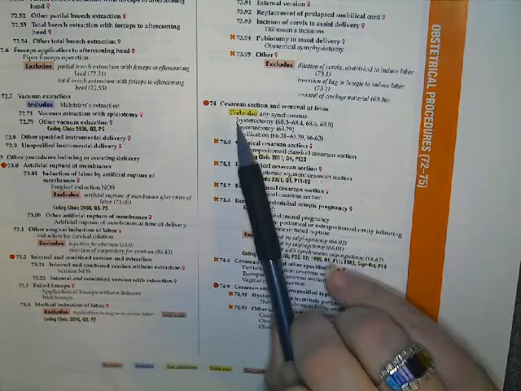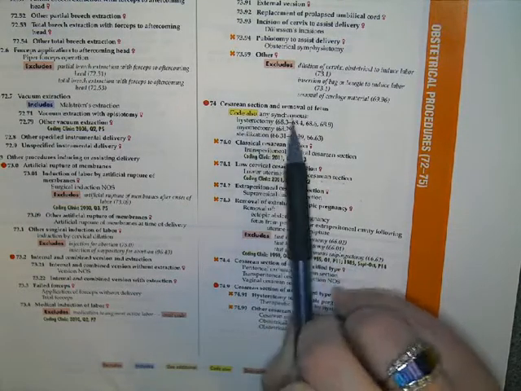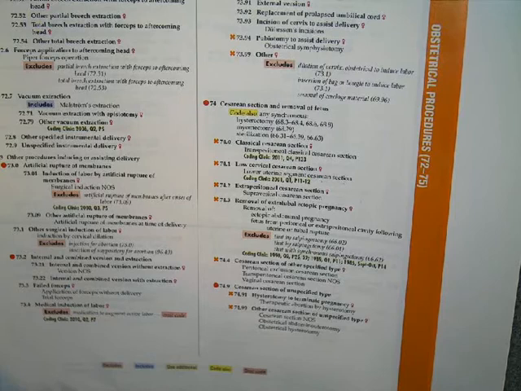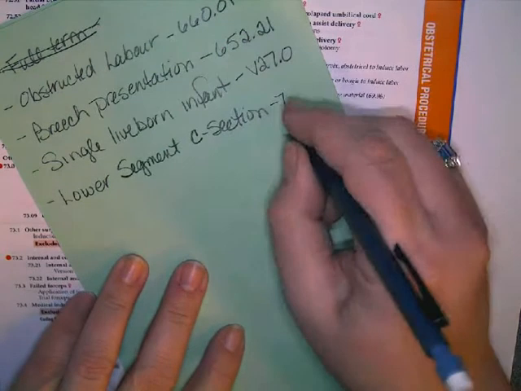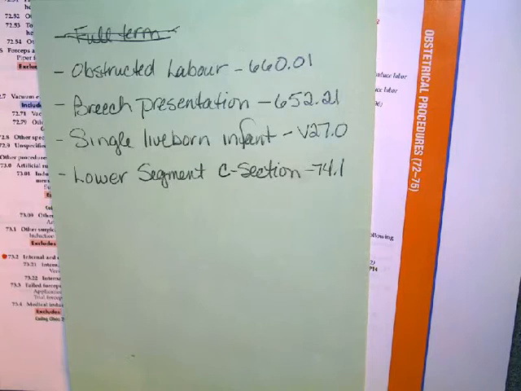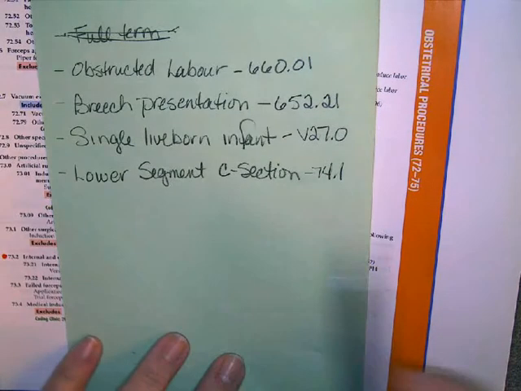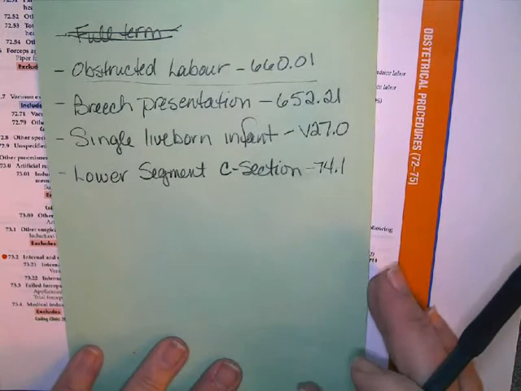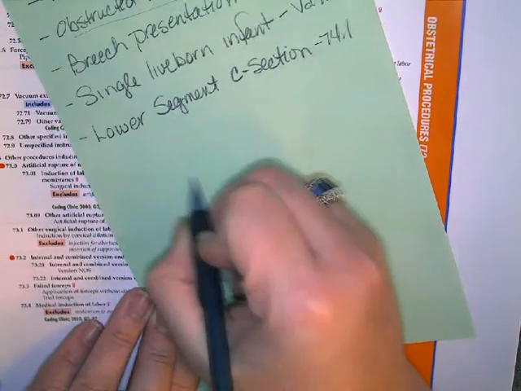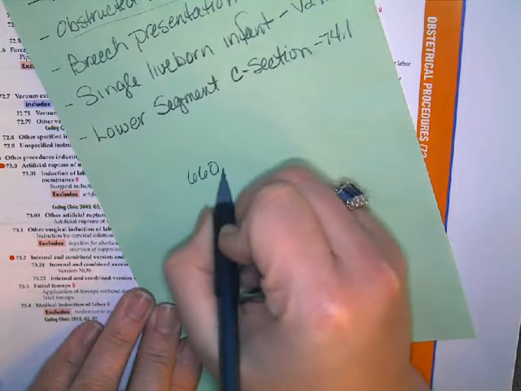It's named after Julius Caesar. Okay? So, we have all of the different types. Look at that, low uterine segment, 74.1. So now we're going to go to 74.1 in our book. And here we have low cervical cesarean section, lower uterine segment cesarean section.